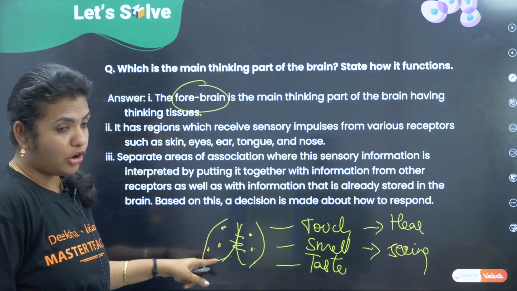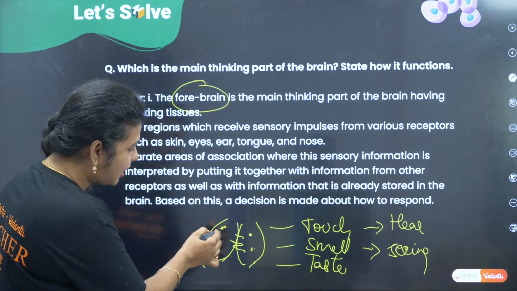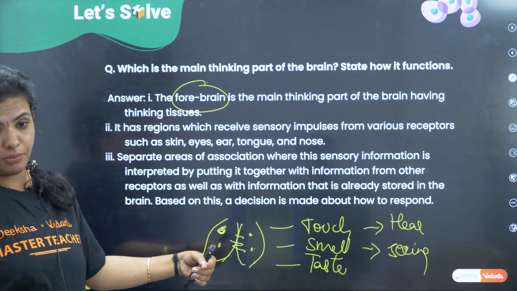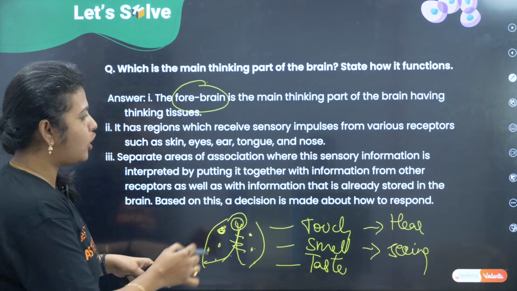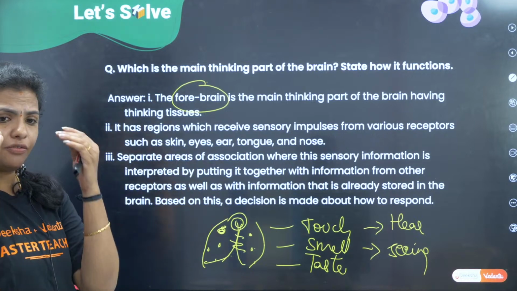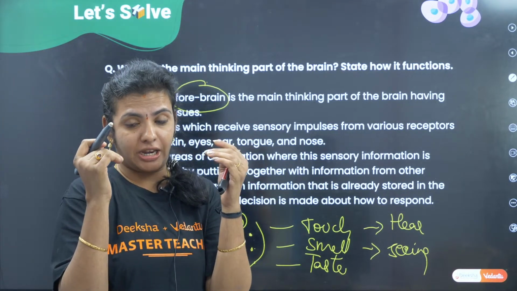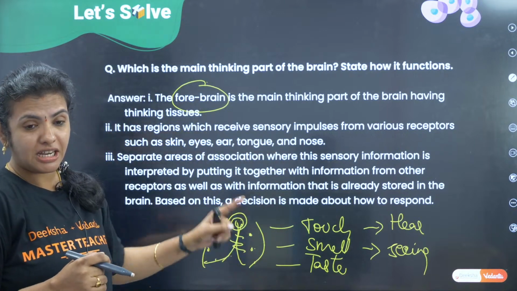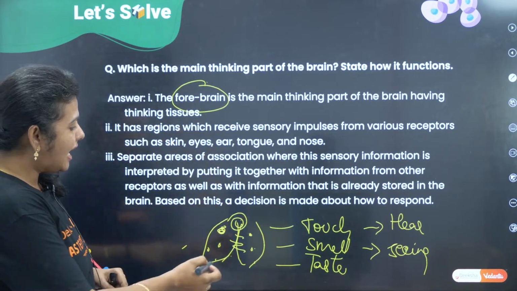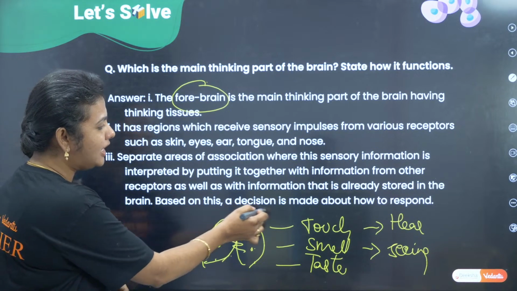So, once the receptor here receives the information, what is it going to do? It is going to think for some time. Okay. So, whatever information is received by the brain, it receives this in different forms, and then it is analyzing it and sending back the information with a decision.